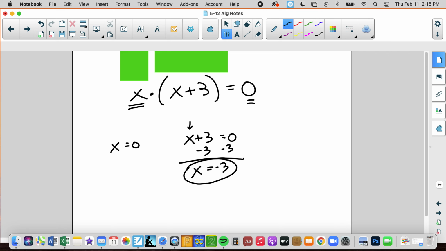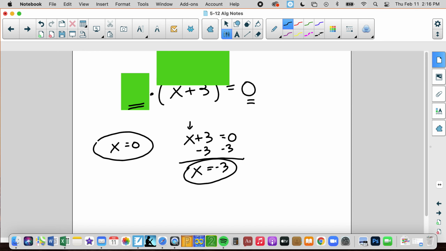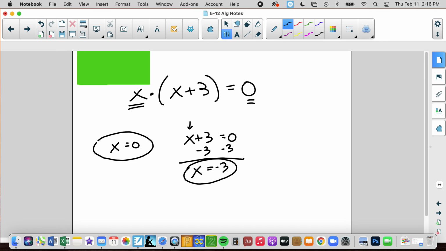And we find out that x equals -3 or x equals 0. So when x equals 0, we know that's where the 0 is. If x equals -3, we know that's going to make this box 0. And if either of these boxes is equal to 0, then we know the equation is equal to 0. So those would be the solutions.